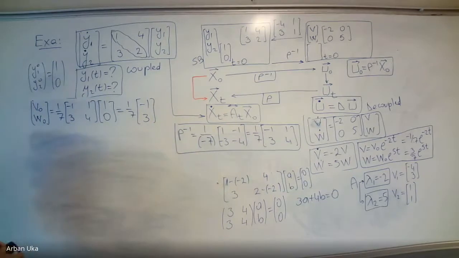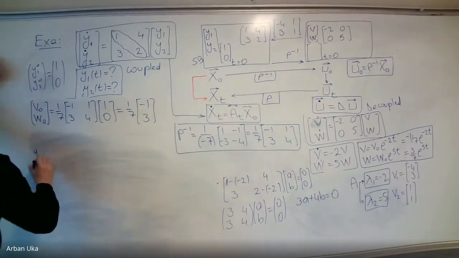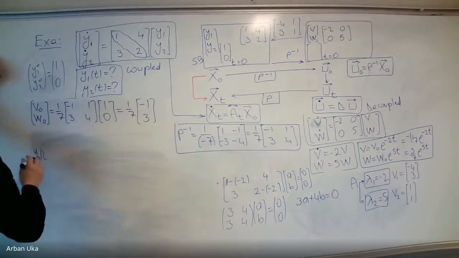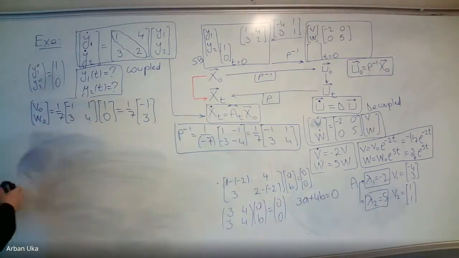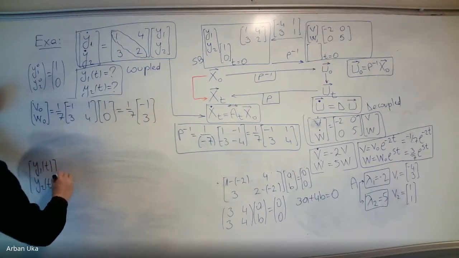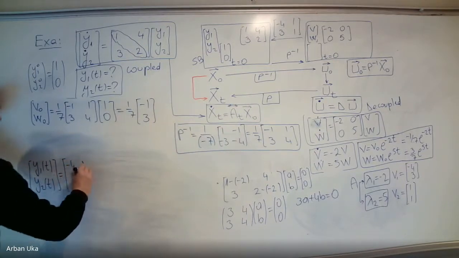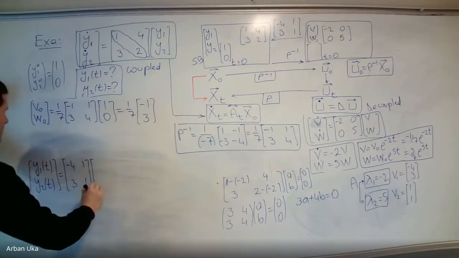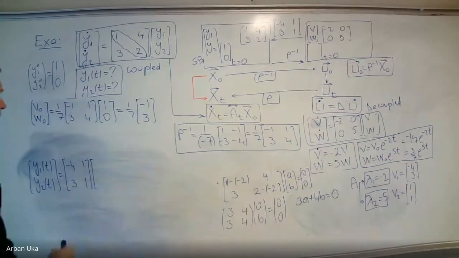So we found the V and W. Then we say that y1 as a function of t and y2 as a function of t are equal to matrix P, which is minus 4, 3, 1, 1, times, what is ut? It is minus 1/7.